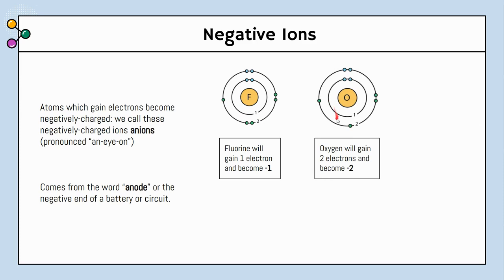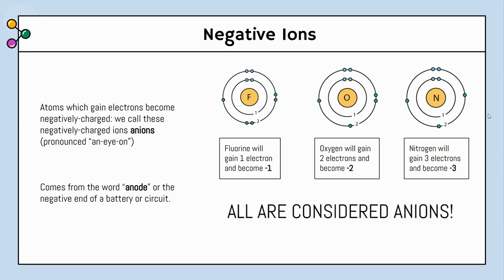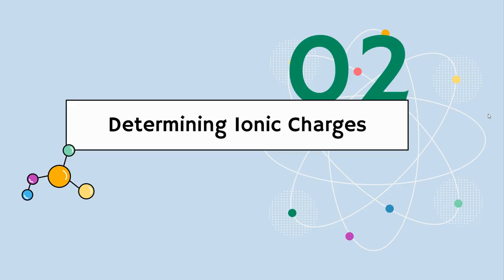Oxygen, 2 spots, one here and one here. It's going to be -2 charged when it gains those 2 electrons. And nitrogen with 3 spots, 1, 2, 3, will gain 3 electrons and become -3 charged. Because these are all gaining electrons and having a negative charge, these are all types of anions.